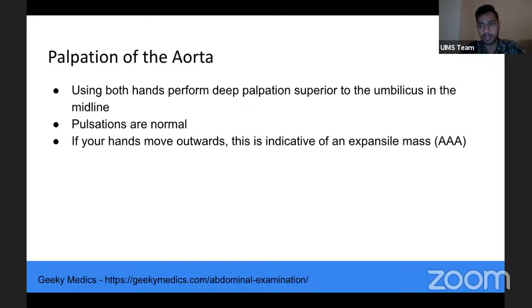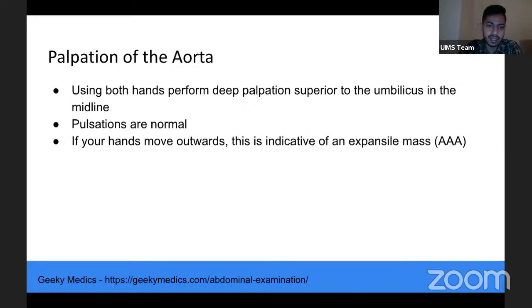As a result, there will be a pulse felt. However, if our hands move outwards when we're deeply palpating the aorta, this is usually indicative of an expansile mass. This expansile mass is usually an abdominal aortic aneurysm.